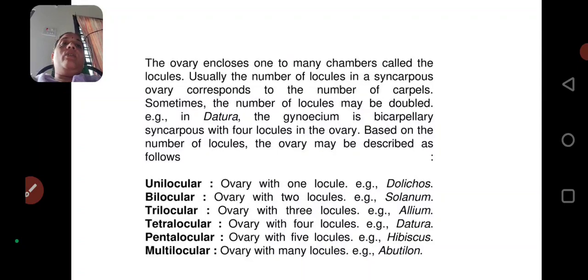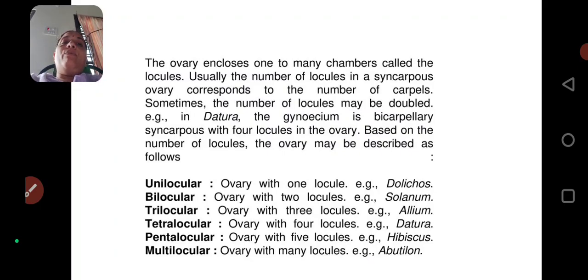The ovary encloses one to many chambers called locules. Usually the number of locules in a syncarpous ovary corresponds to the number of carpels. Sometimes the number of locules may be doubled. Example, in Datura, the gynoecium is bicarpellary syncarpous with 4 locules in the ovary.